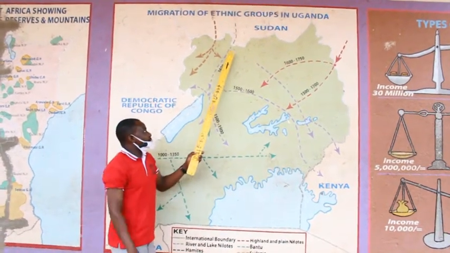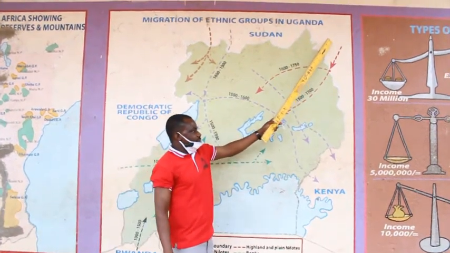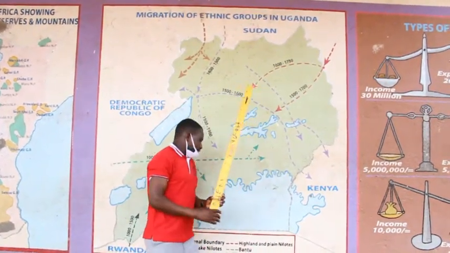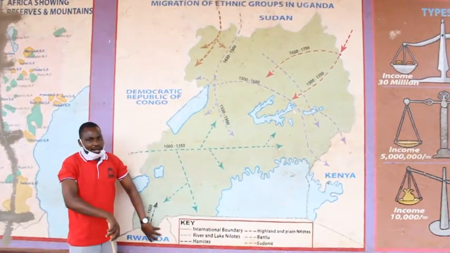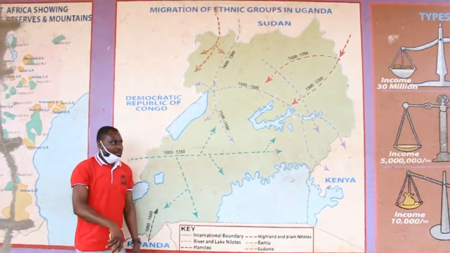That was now in the northern direction. Then in the northeastern direction, we looked at the plain Nilotes, or the Nilo Hamites. Then in the southwestern part of Uganda, we had the Hamites. And I said that the Hamites formed the smallest population in Uganda.